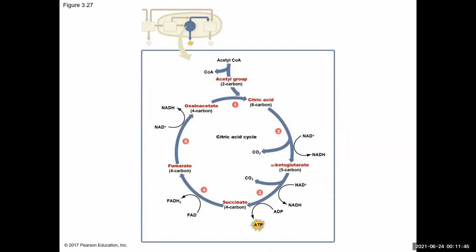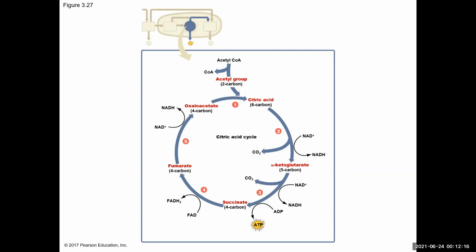So you have your acetyl-CoA, right? It gets converted into a 6-carbon molecule. This 6-carbon molecule is made because the acetyl group has 2 carbons. Then there's this 4-carbon molecule, this oxaloacetate.